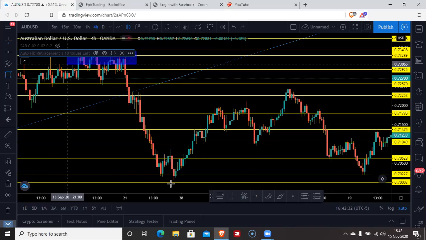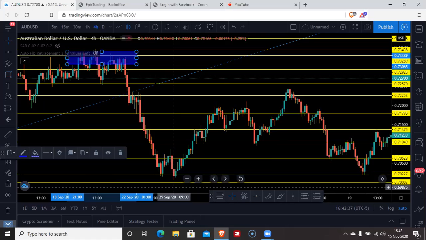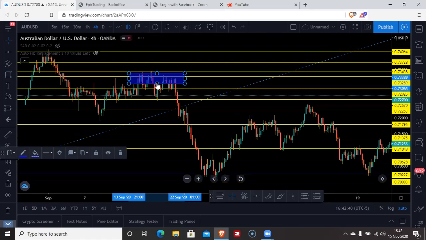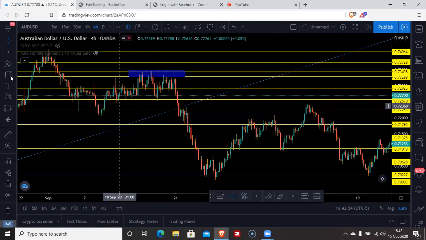Let me zoom out right quick. Let's just pay attention to this area right here. Now this is what happened. So we're gonna cut off all this right here.